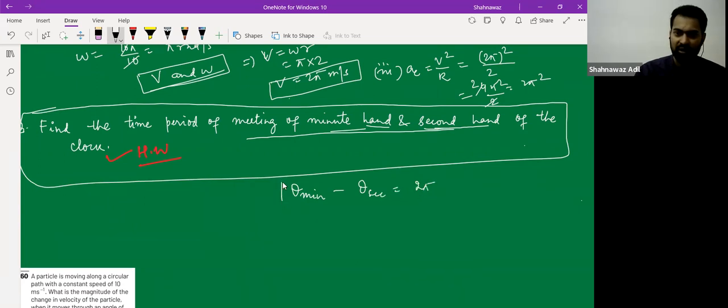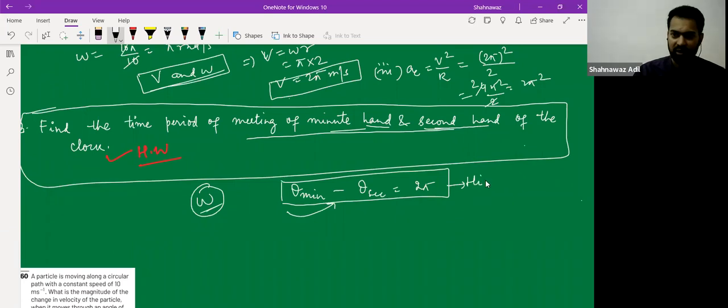So this is your hint. Now use the omega relation and try to solve this question. So please take it as your homework and send me the PDF. You have got 7 days, Saturday, so 6 days, 5 days.